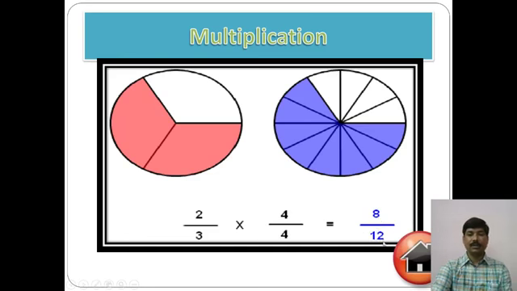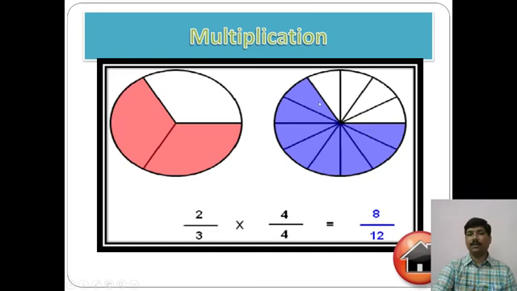If we represent it by a picture, then the same thing is divided into 12 parts and we color 8 parts out of these 12 parts.